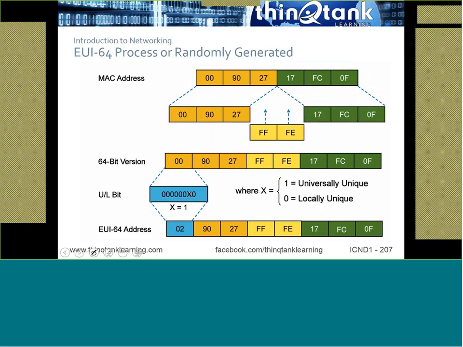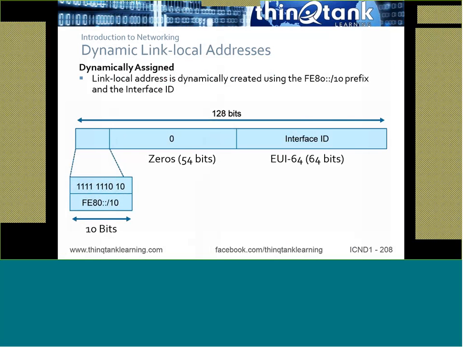Now, you might look at this and ask, why do I need this? What is this for? It's actually used for a very specific purpose. It's called the link local address. This is something unique to IPv6 that we did not see in IPv4. Every single device that is configured for IPv6 has a link local address.